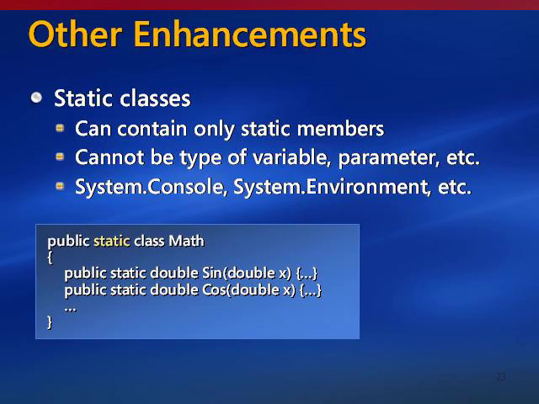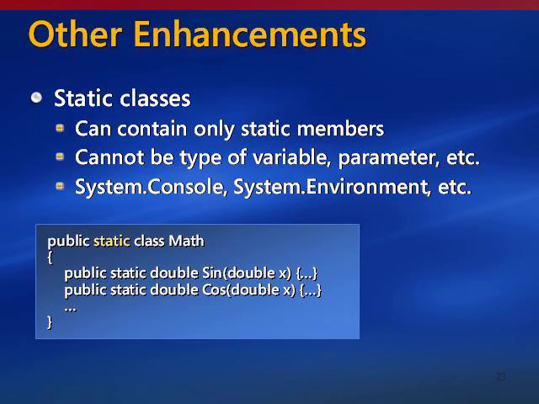Now, it turns out that if you look in the framework, and I'm sure in your own coding, it's a fairly common pattern to create classes where you have only static members, and then you follow the pattern of having a private constructor, and you make sure to never create instances and so forth. And we're just essentially formalizing that in the language. So you can now write something like public static class Math.